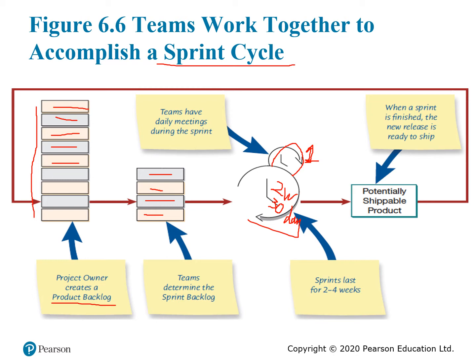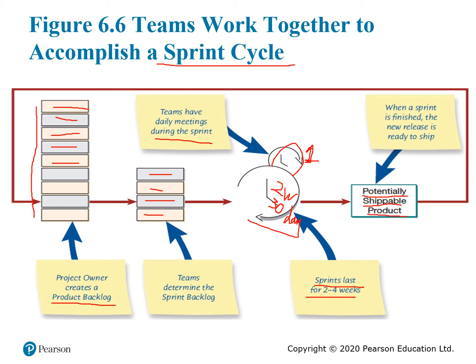And then after that, you can see here we have sprints lasting either 2 to 4 weeks, and the team has a daily meeting during the sprint. This is the daily meeting, and then it will demonstrate a potentially shippable product, or a demo of the software.